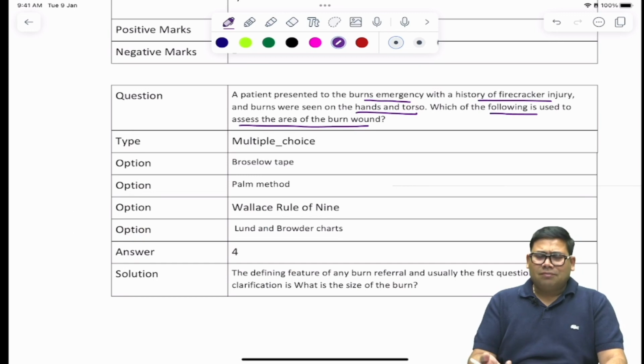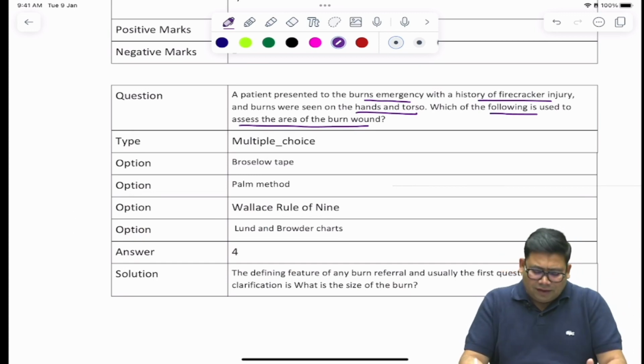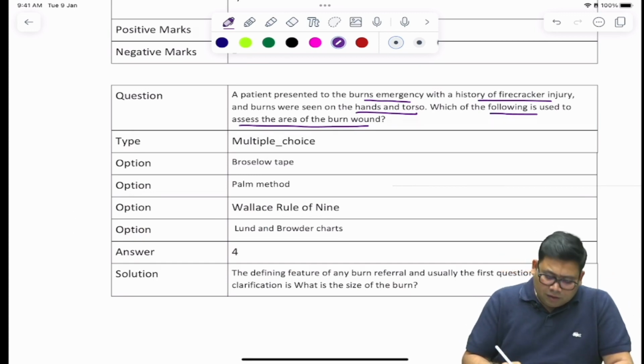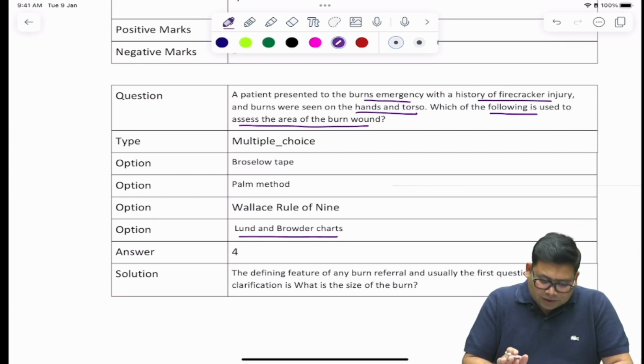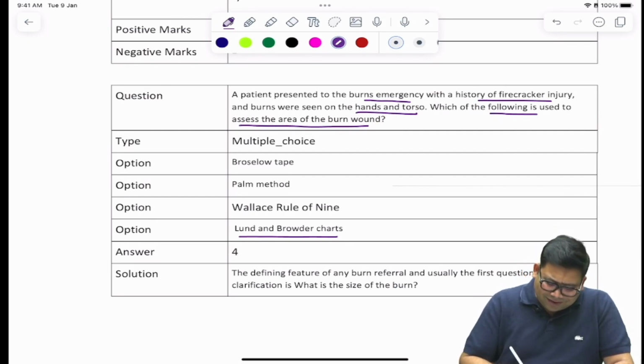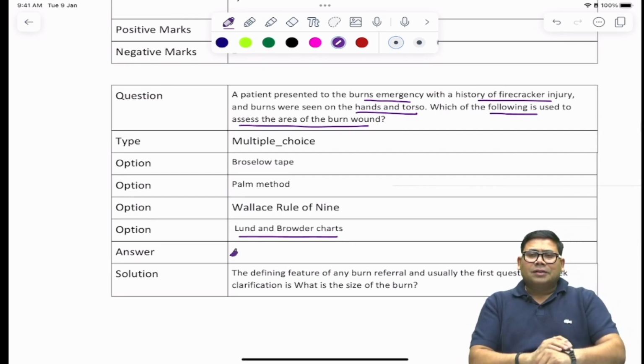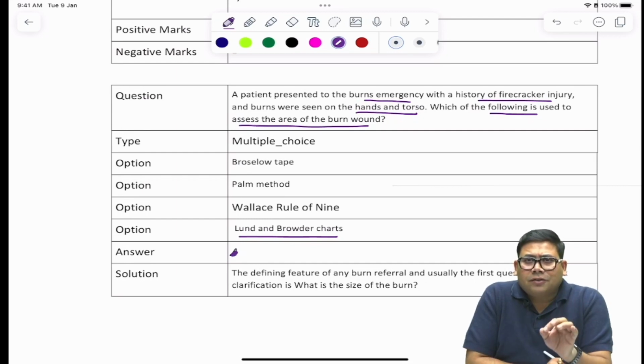Students, this question is a very easy question, but many people think that the Lund and Browder chart should be the answer. Even though the option is given, the Lund and Browder chart is incorrect because we have already corrected this. The answer for this is the Wallace rule.